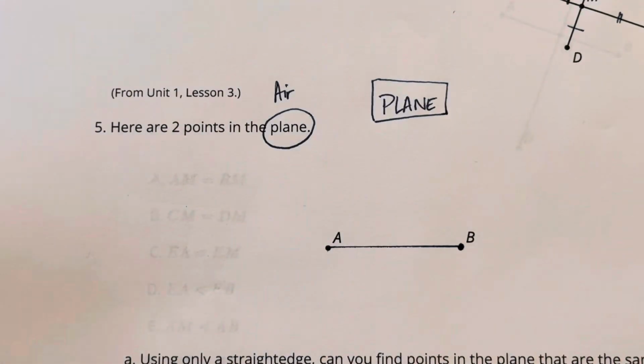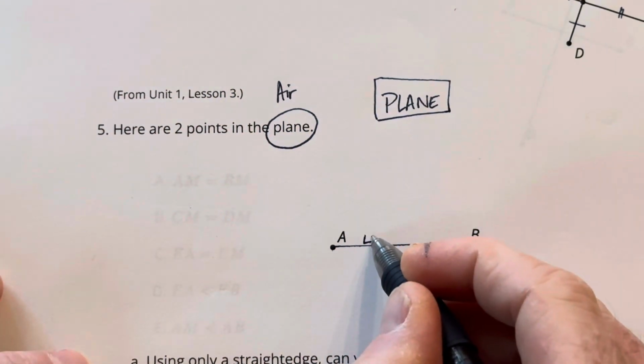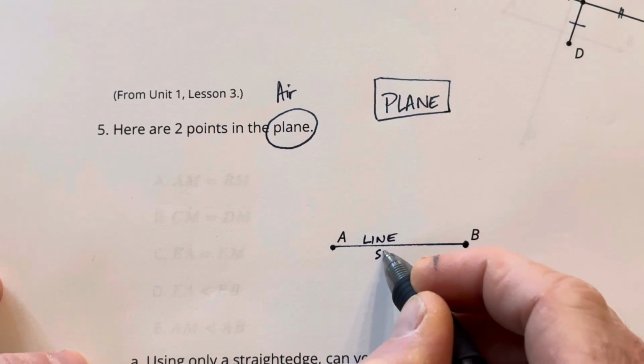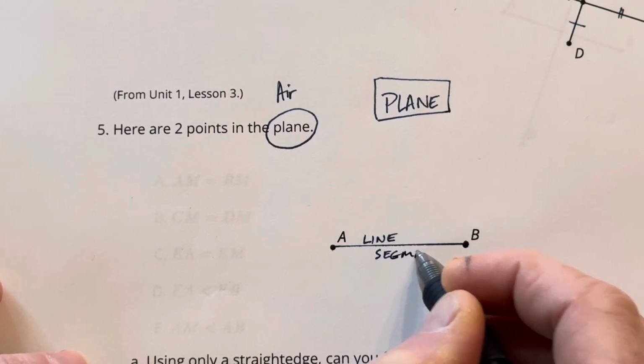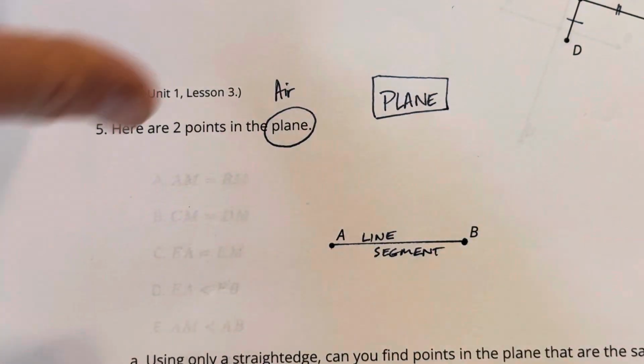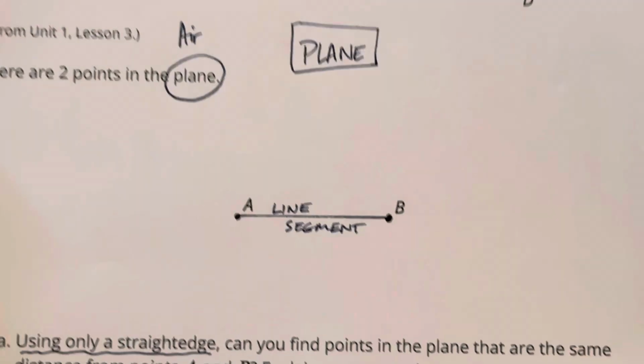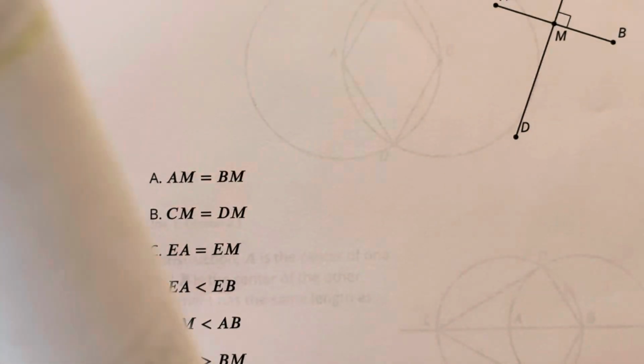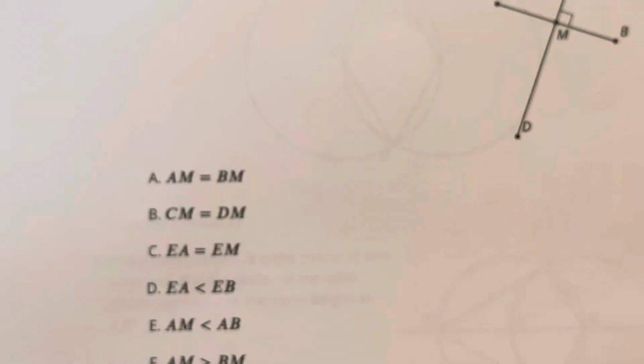So I drew this line to help us out. Sorry, line segment. Even I make mistakes. That's a line segment, not a line. But one thing I could potentially do is fold it over so that B and A line up. That's one way to do it.